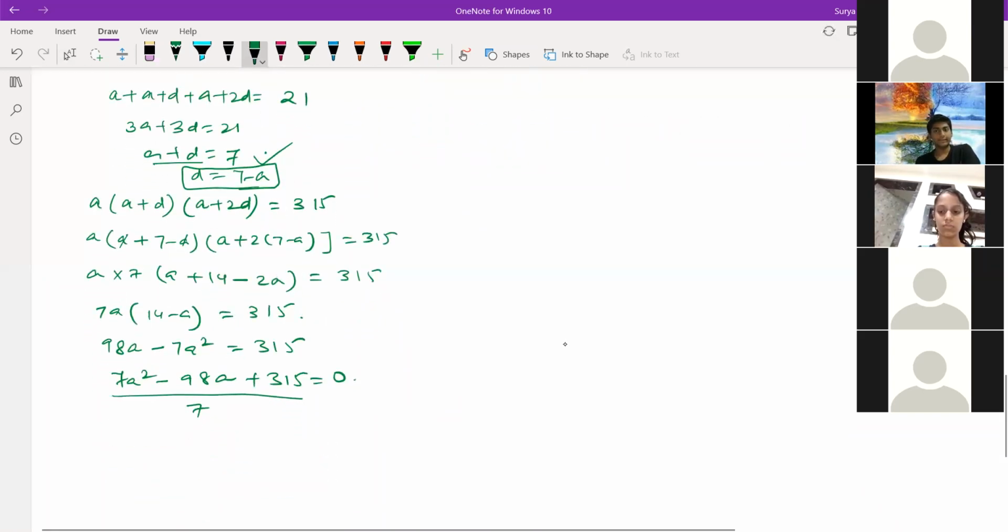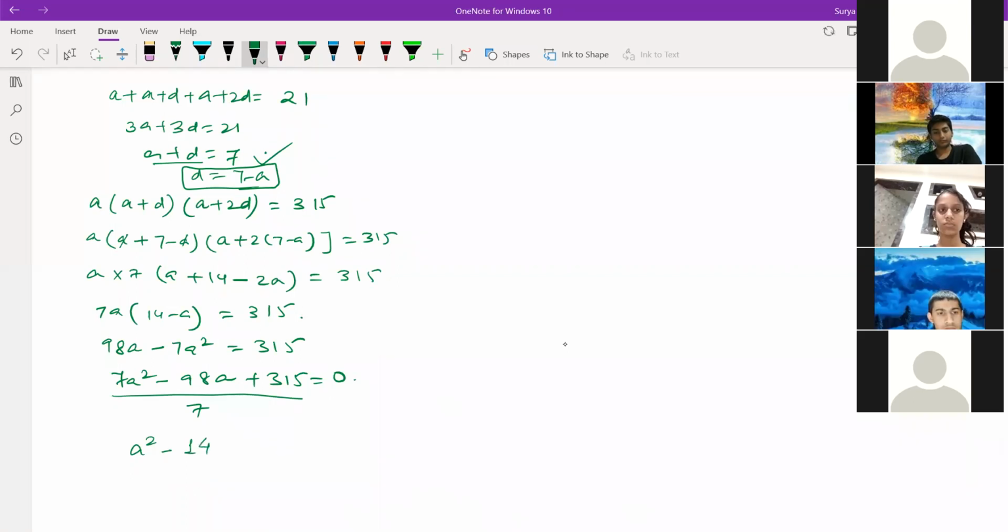You will get A square minus 7 ones are 7, 7 fours are 28, minus 14A plus 45. Like this you have done. So A, by splitting the middle term you can get, right? Yes, sir. Here A square, what will you get? 9 5s, right? Yes, sir. Minus 5A plus 45 is equal to 0. So A is equal to 9 and 5, correct?